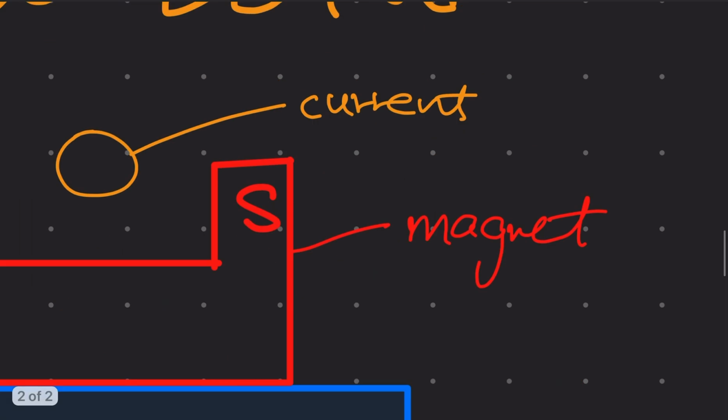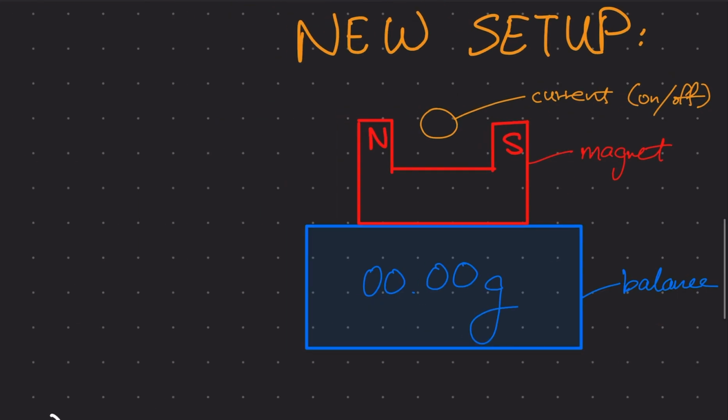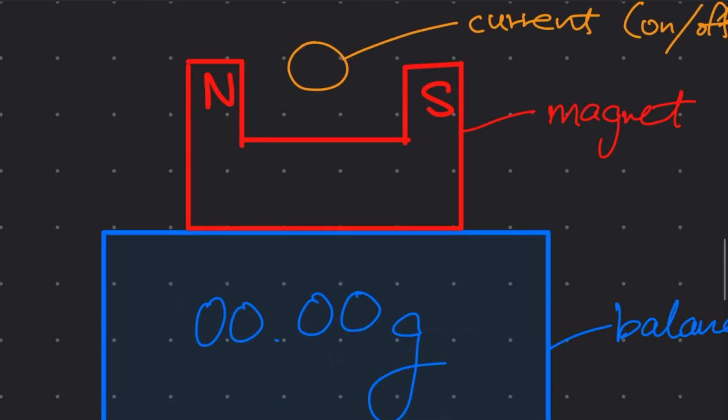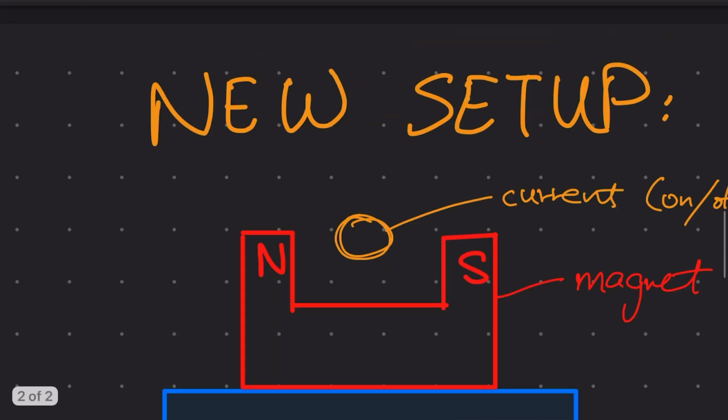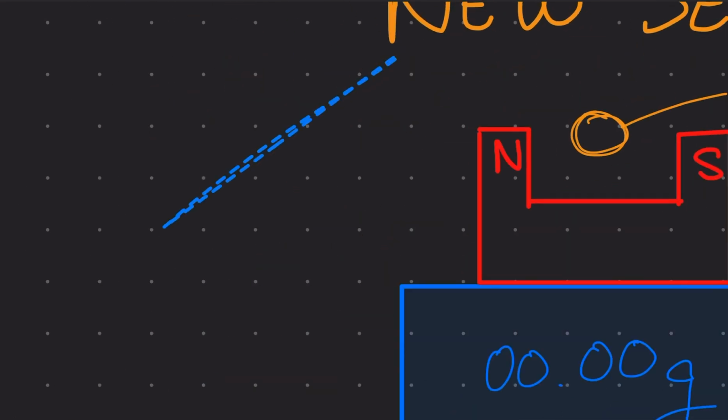So let's say there can be a current on or off, depending on my power supply. And by the way, this circle that I've just drawn, should I say a vertical view? I'm not sure how to call it, but just imagine you have a wire that's like a cylindrical thing.